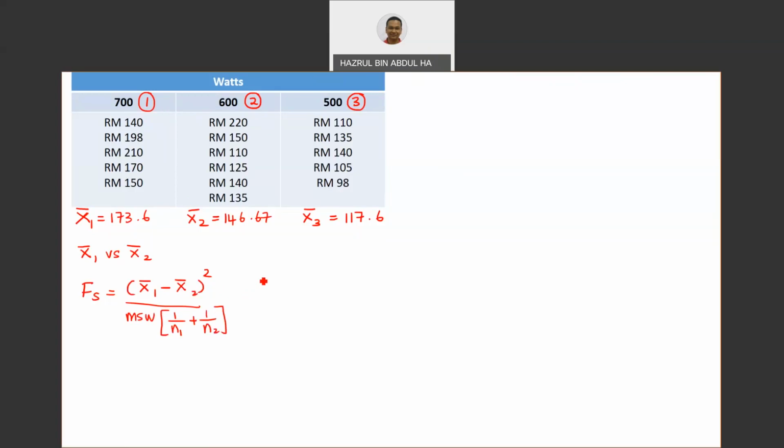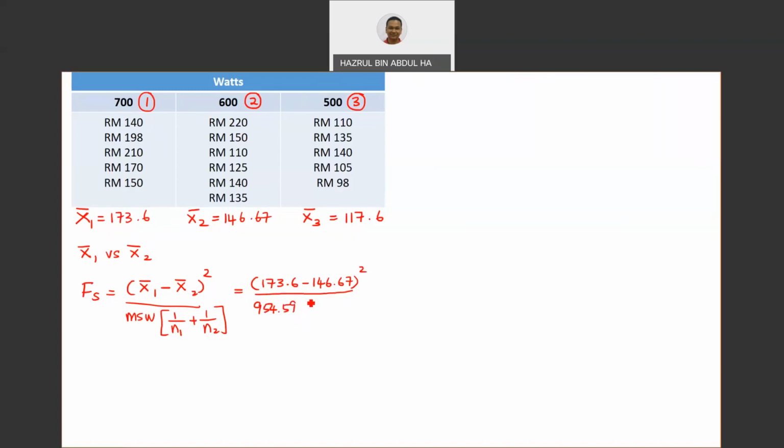So x bar 1 is 173.6 minus x bar 2, which is 146.67, all squared, divided by MSW, which in this example is 954.59, from our previous lecture.